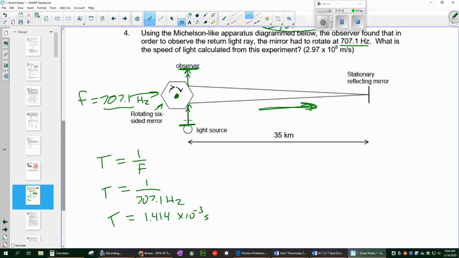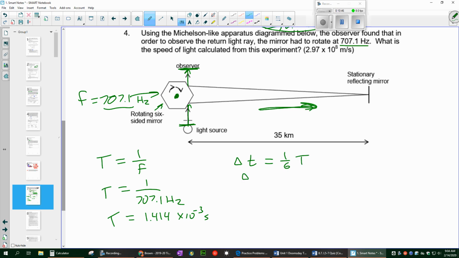So that would be good, right? We could use that if we wanted to. But we actually don't want the time for the whole thing. I just want one-sixth of that, because I just want this thing to turn once. So we just divide by 6. Step number 2: the change in time is going to be 1/6 of the period.